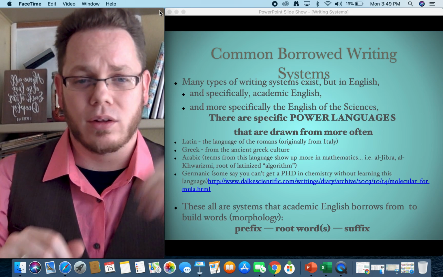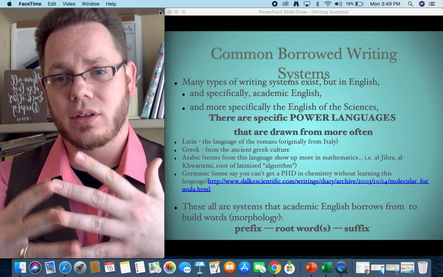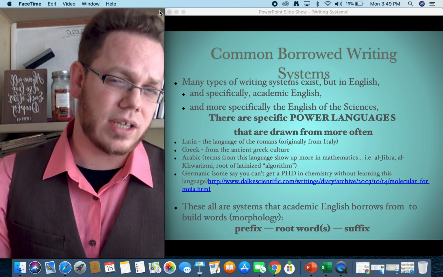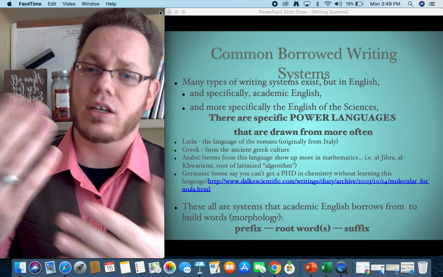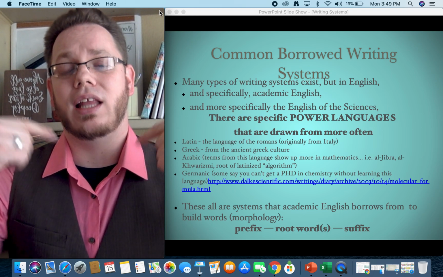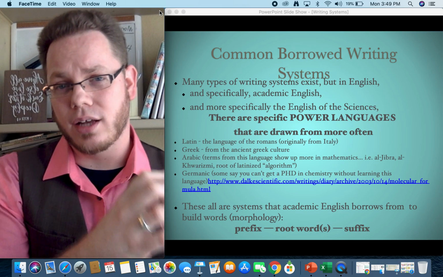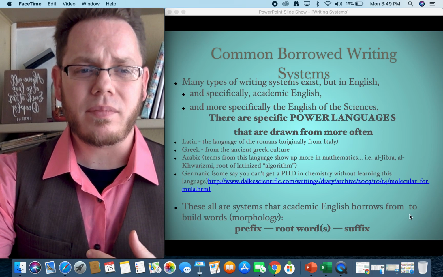So we have a prefix, a root word, a suffix, or any number of modifiers along the way that build that word. And so there's a logic behind the language, there's a logic to how things build meaning. So if you're dealing with new writing systems and new language, remember it's not just English. It's a different level of English, a different type of English, a different socio-cultural context of English when we're talking about these things. So we want to be aware of that.